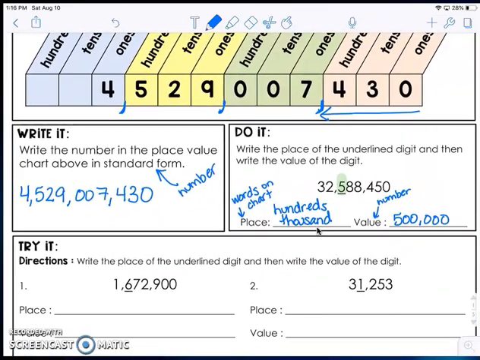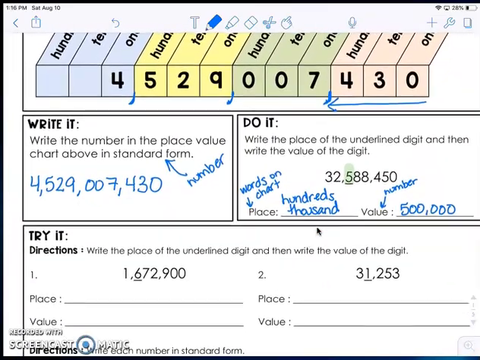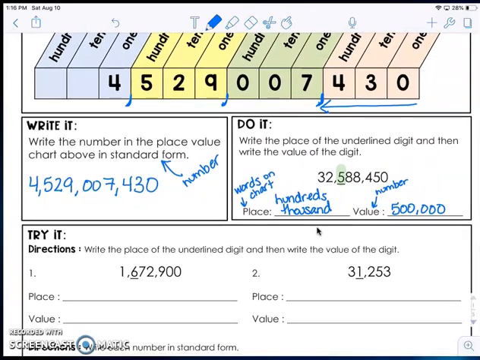So let's go down to the try it. We might have to scroll back and forth just because I'm trying to make it so that you can see. So remember, place is the words on the chart. Okay, so I am looking for this 6. So that is 1, 2, 3, 4, 5, 6 over. So let's look at this. I have ones, tens, hundreds, 1,000, 10,000, 100,000.